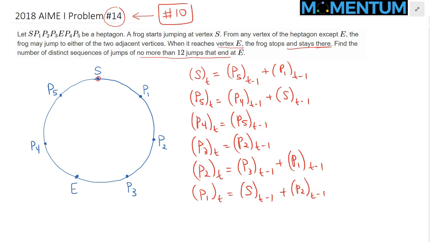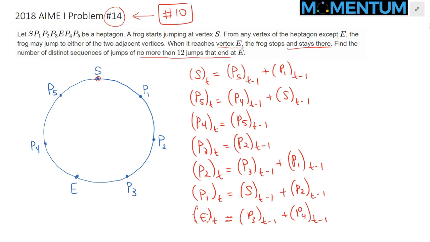So we gave a description. Obviously, if you want to end up in E at time t, we forgot the main one apparently, then you would be in P3 in the previous step, or you would be in P4 in the previous step. And that's it.